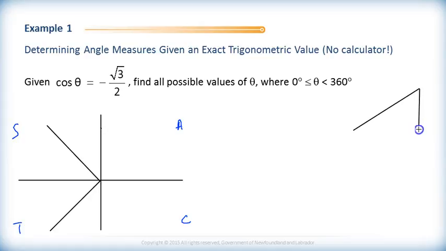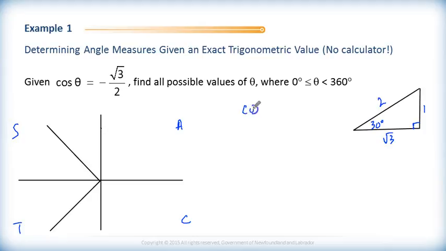Our special triangle, a 30, 60, 90 triangle, has sides of 1, root 3, and 2, located like so.